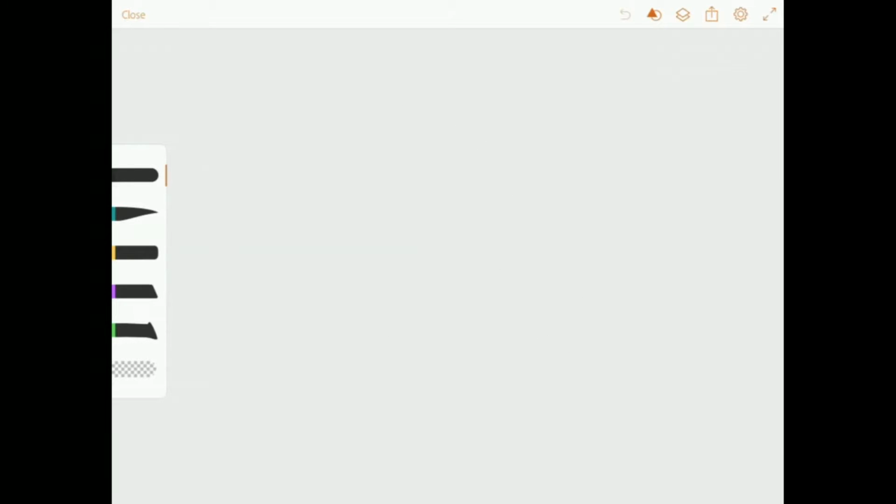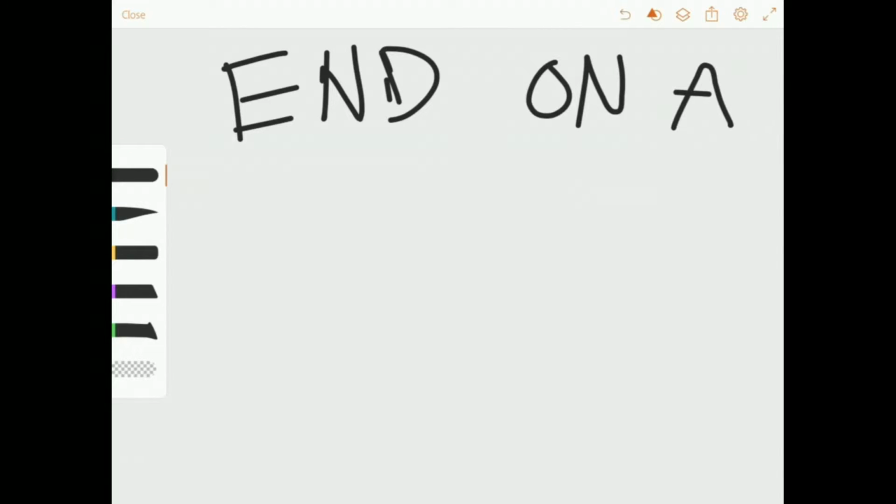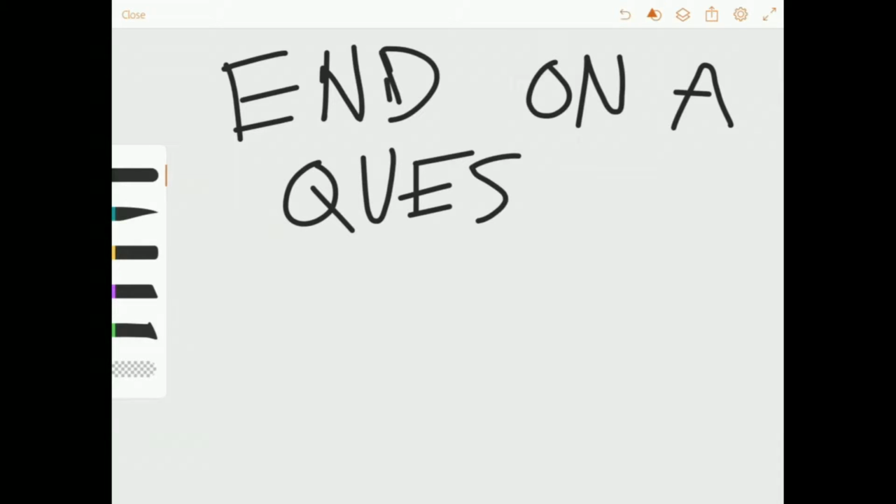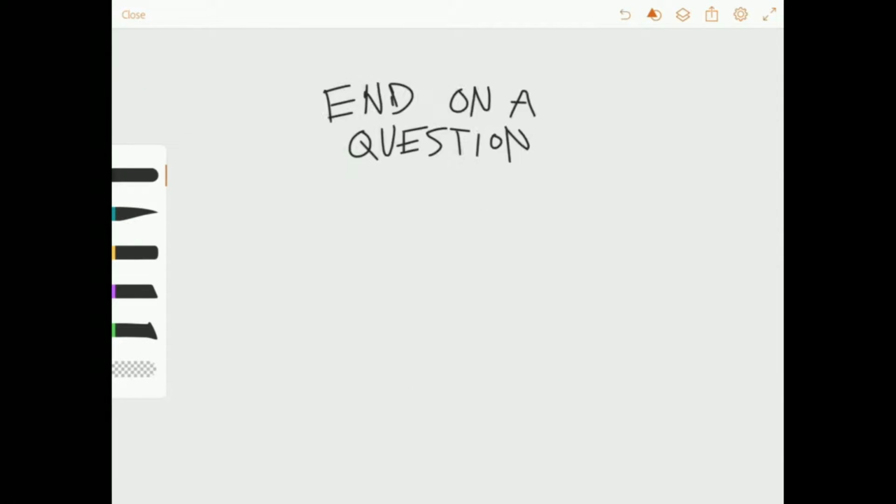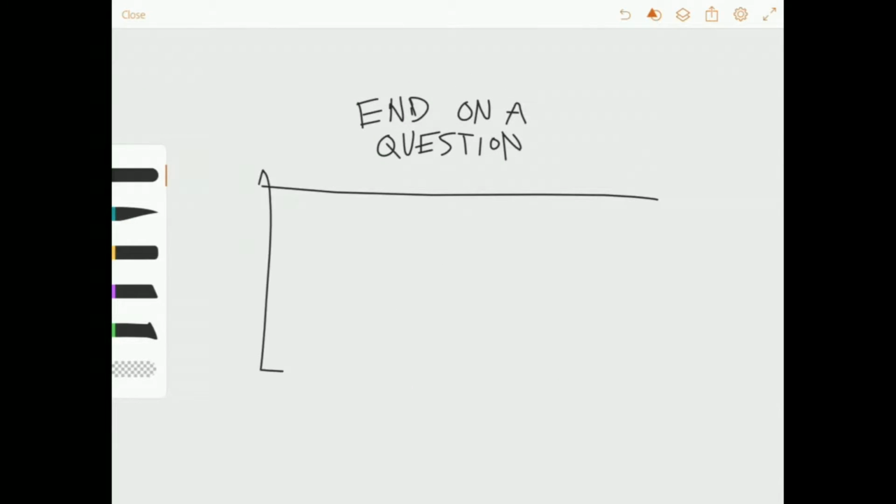All right, here's another kind of formula. End on a question. So let's put it over here. End on a question. These are actually some of my favorite ones. The reason is, here's your strip.